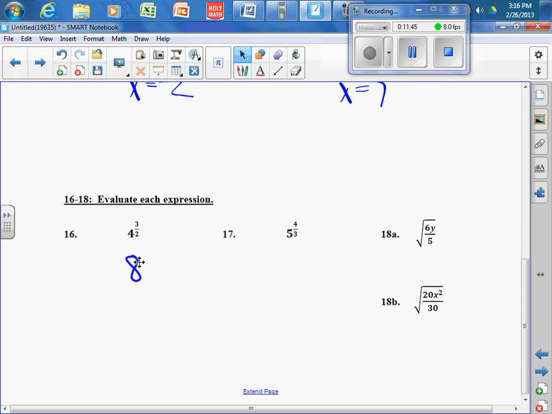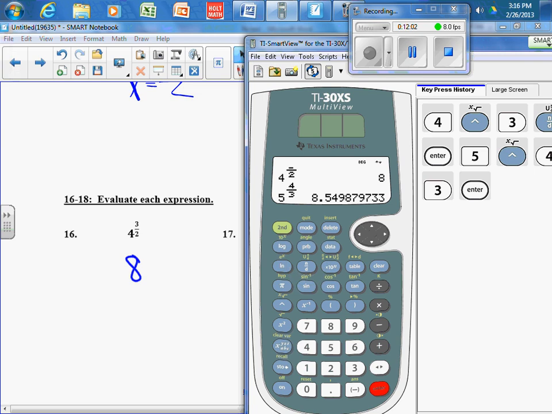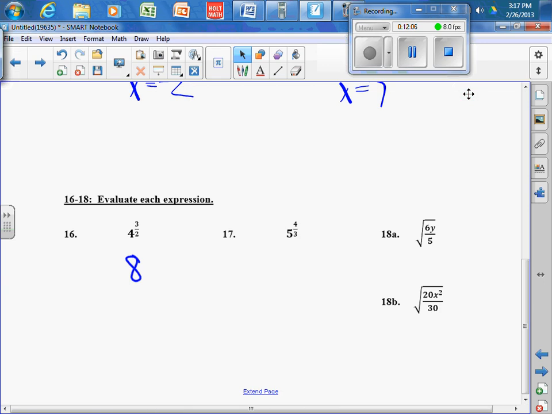However, on number 17, when I take 5 to the 4/3 power, so I try 5, I raise it to the 4/3 power, and I get this ugly decimal, 8.54 whatever, right? That means this one's not going to be able to be simplified as simply. So what we have to do is simply remember that the numerator is the inside number.